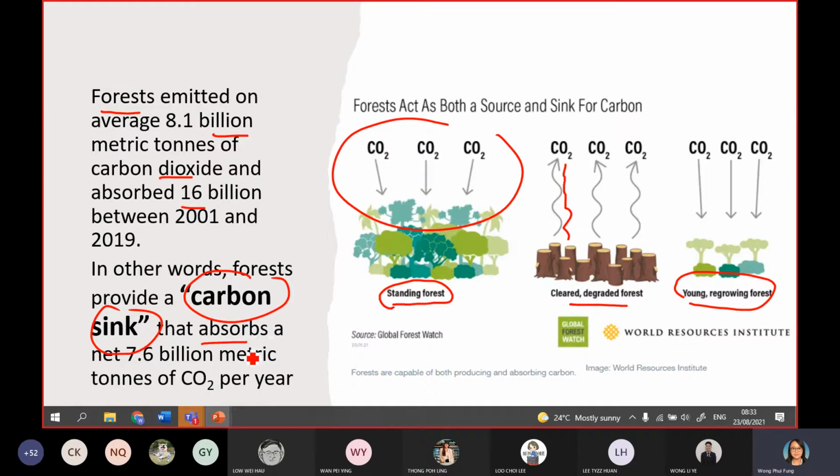Okay, so that is what we meant by carbon sink. They absorb the CO2, make use of the CO2 for their photosynthesis. But what if we cut away all the forests? More CO2 will be circulated in the air and the air quality becomes very, very bad.